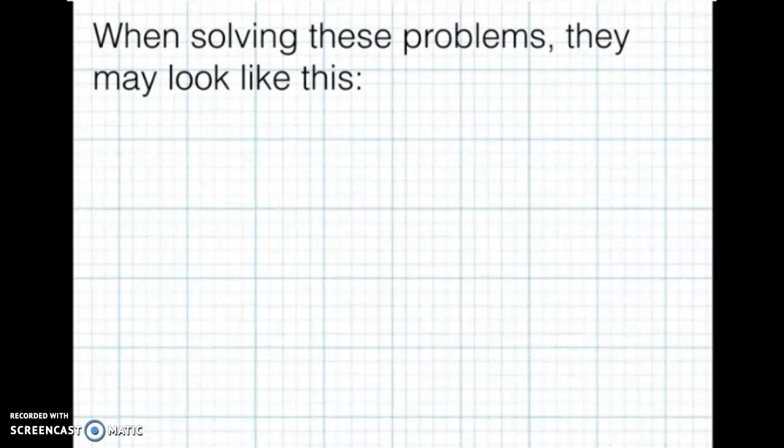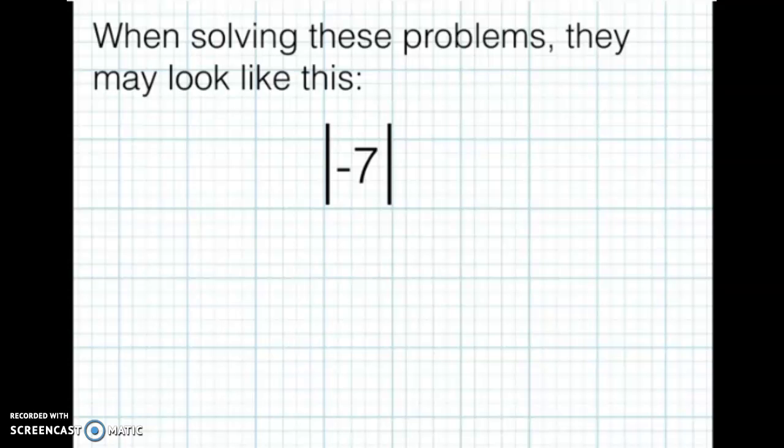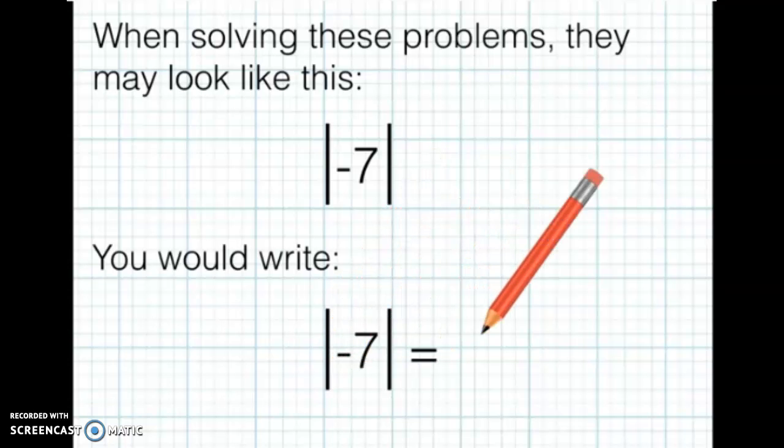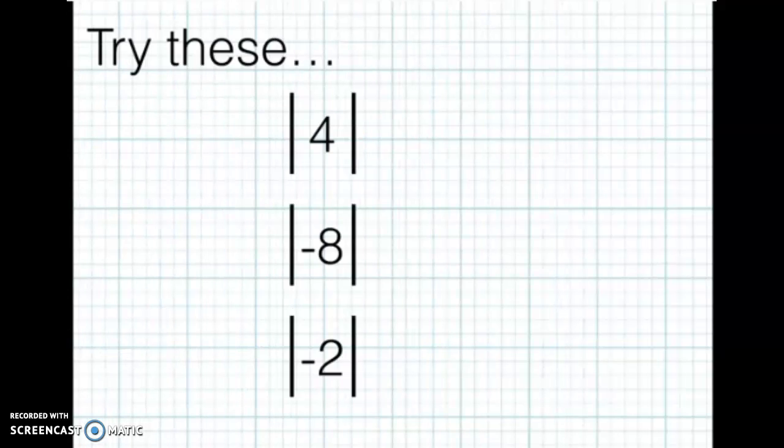When solving these problems, they may look something like this. You would write the absolute value of negative 7 is equal to 7. Try these.